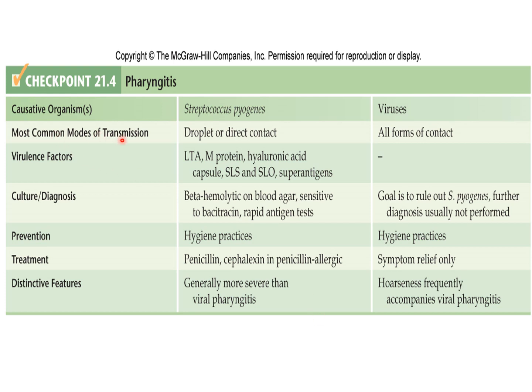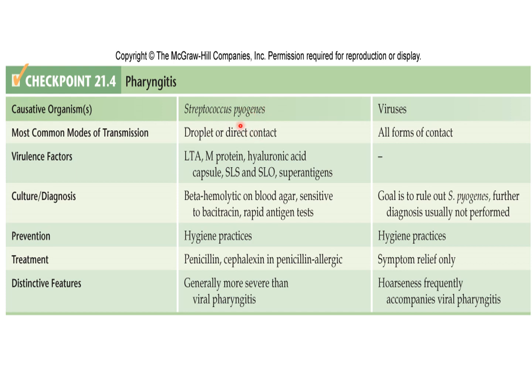So the most common mode of transmission: we have here two causes of pharyngitis. Strep pyogenes causes 95% of exudative pharyngitis, or follicular pharyngitis, or tonsillitis, and non-follicular tonsillitis is mostly caused by viruses.